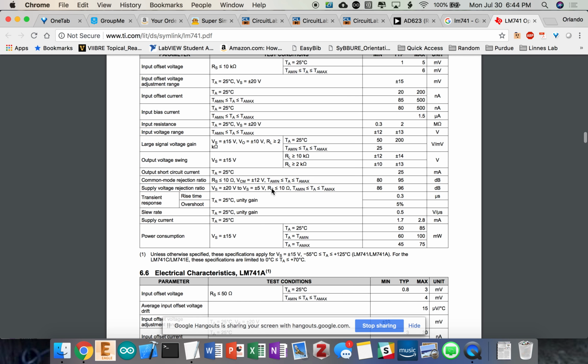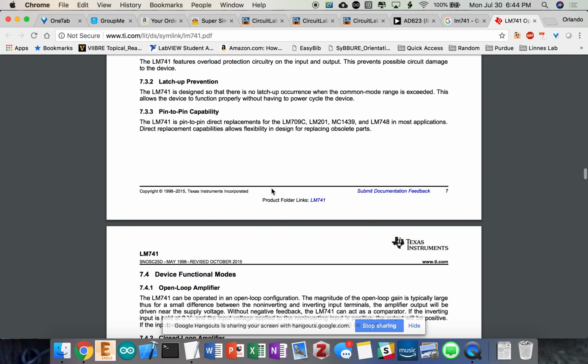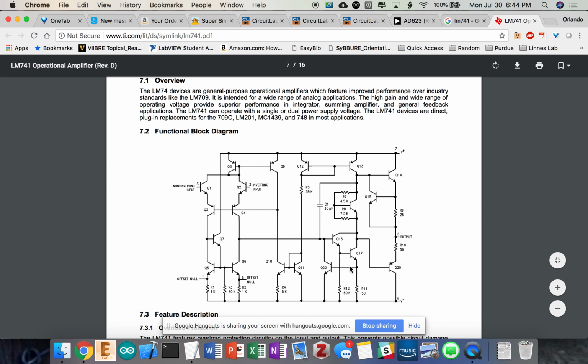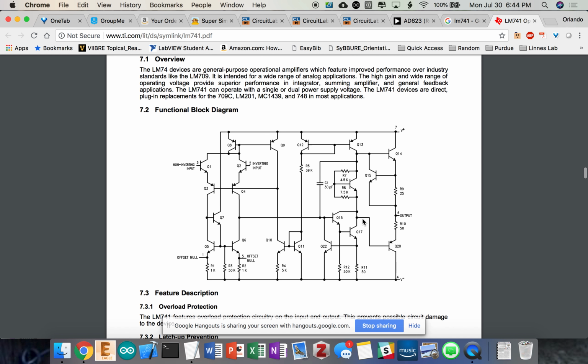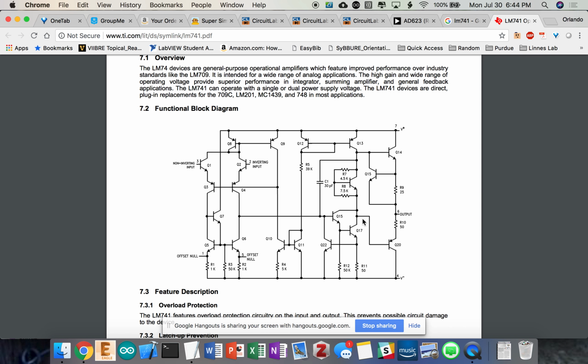This is what it looks like on the inside, just various sets of transistors. Again, I took that class a long time ago, so I probably couldn't reproduce this myself at this point.